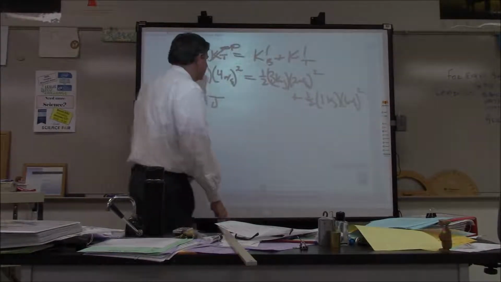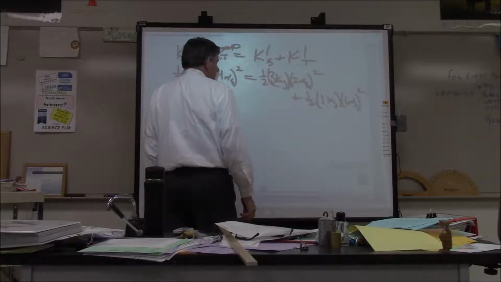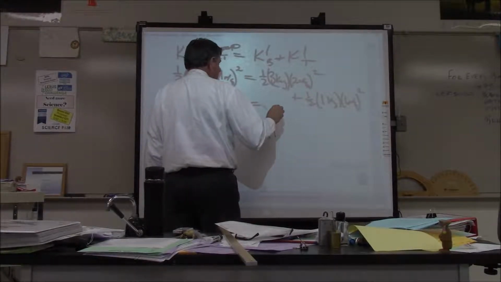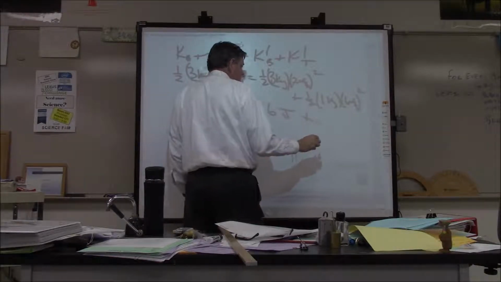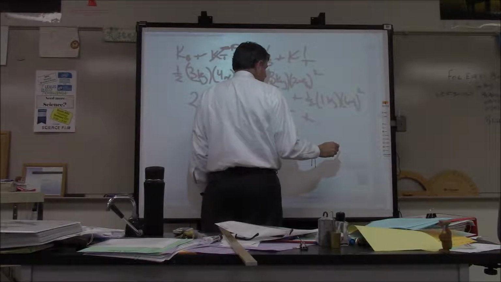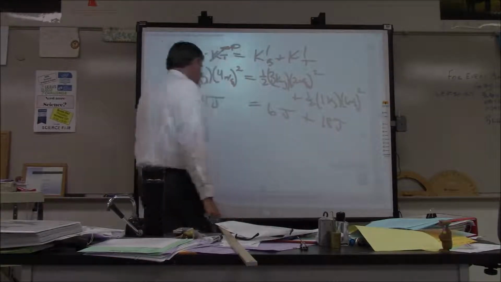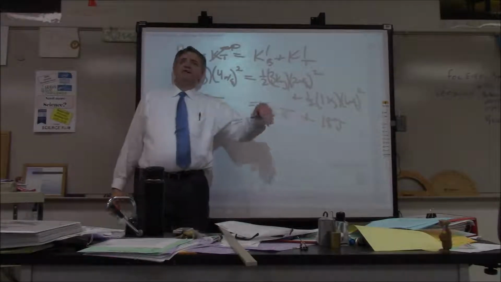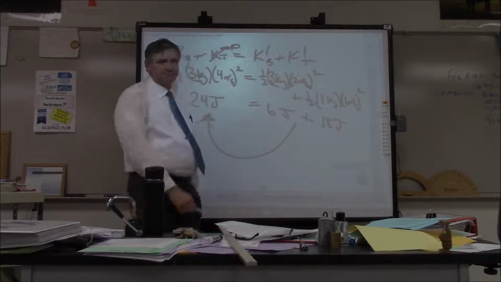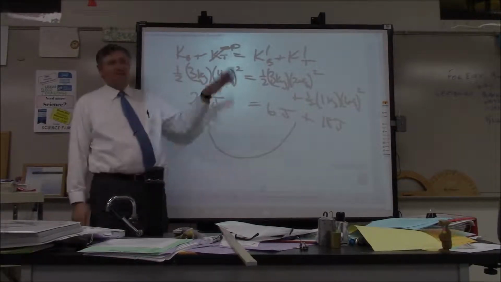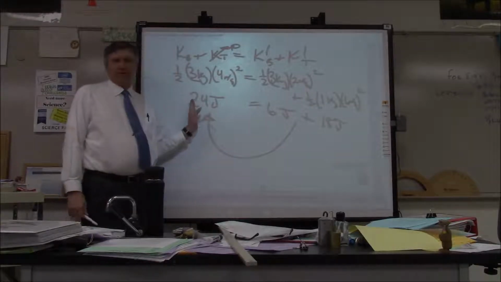That's going to get squared. So that's 6 joules, and this is 36, so 18. So 6 plus 18 gets me 24. Okay? So energy is conserved. So I add these together, boom, here we go over here.